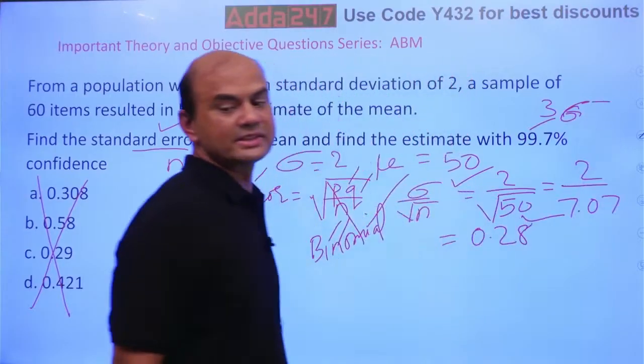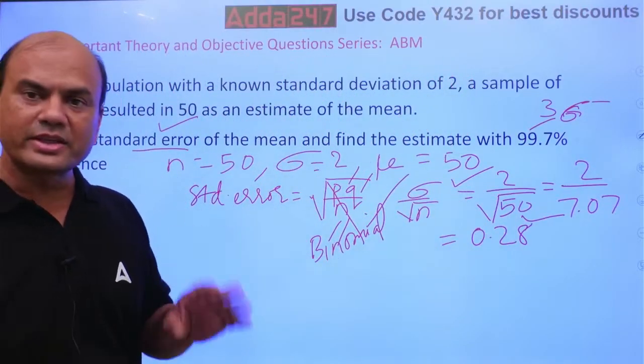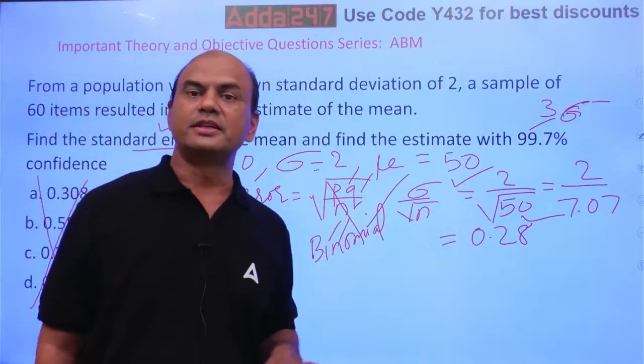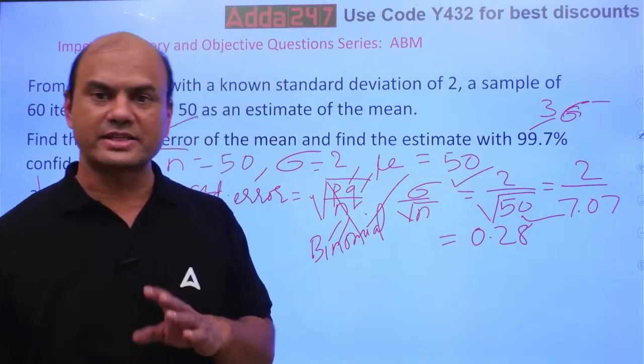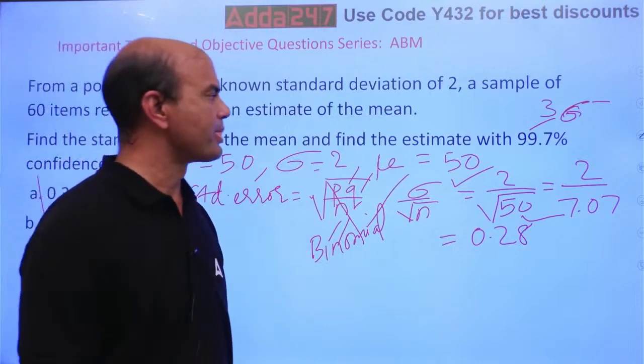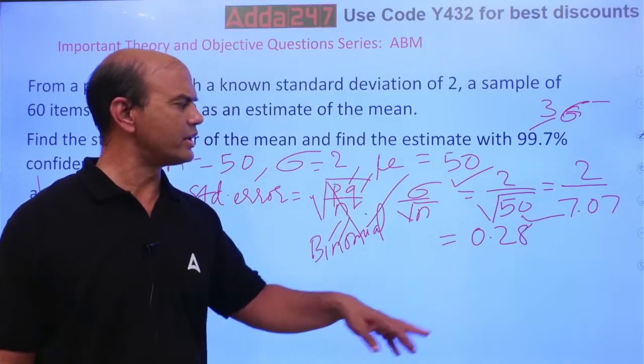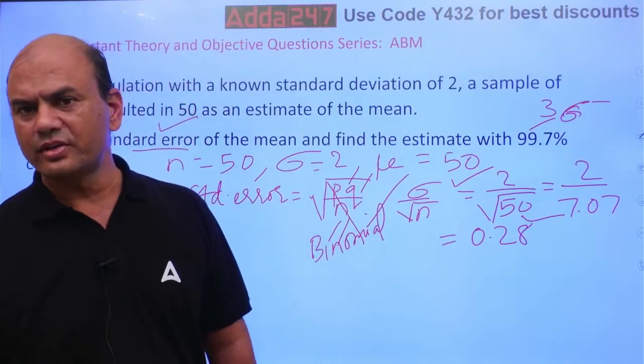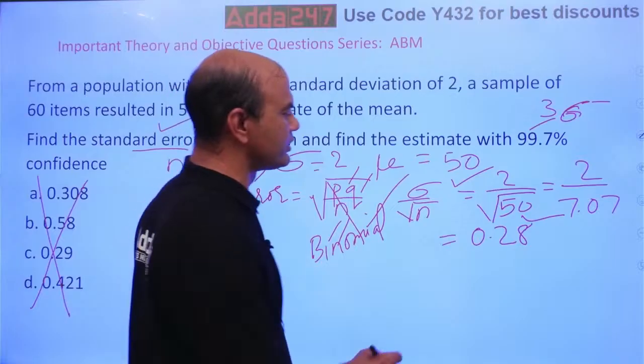dash. This is called psi dash. Standard deviation is written as psi. Standard error is written as psi dash. So 3 psi dash. Psi dash you already know, 0.28. So 0.28 into 3. Find out.